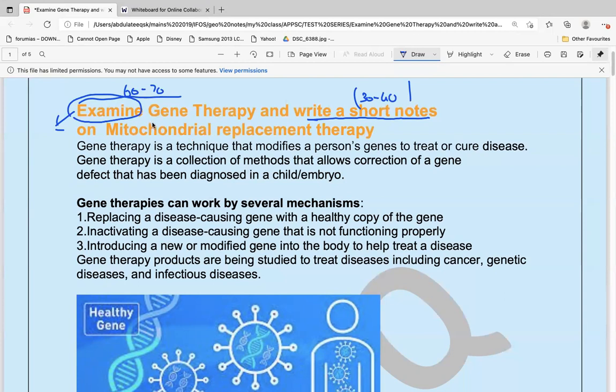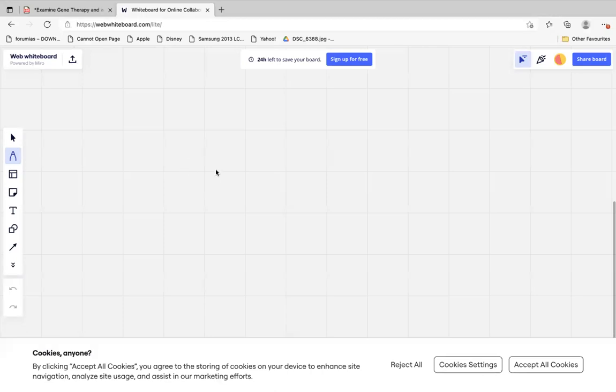Now we are discussing gene therapy, which is very important for this year based on the questions that were asked before. So gene therapy, let's understand the concept. Like I told you yesterday, we have the cell. Within the cell there is a nucleus. Within the nucleus you have the chromosomes. On the chromosomes you have the DNA. Within this DNA there are various parts.